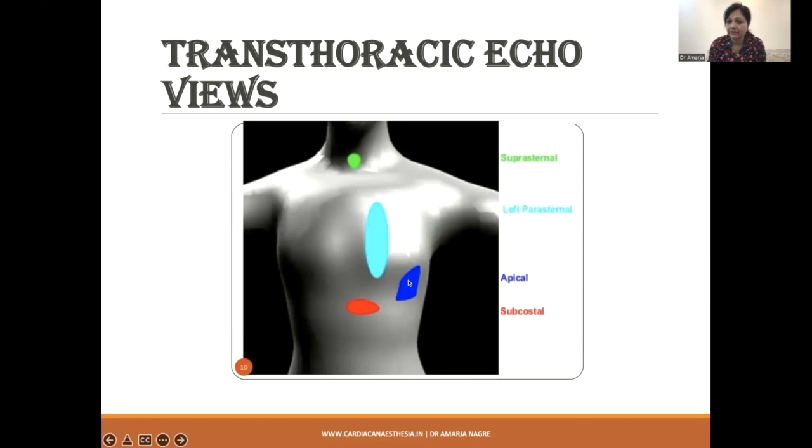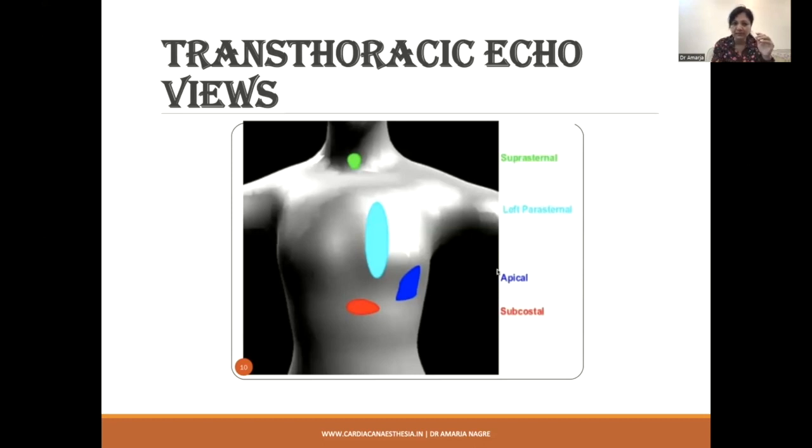Next is the apical view at the apex. So when you keep your probe on the left parasternal view, you assess the heart from the anterior side. When you keep the probe apically, you see the heart from the apical side, that is from below.